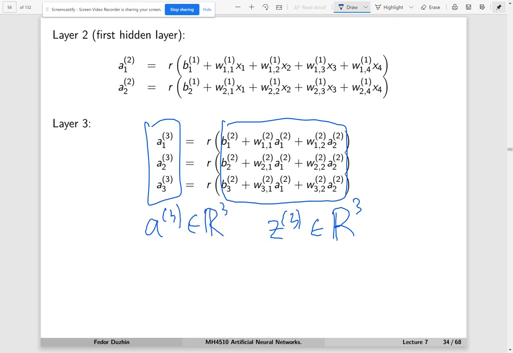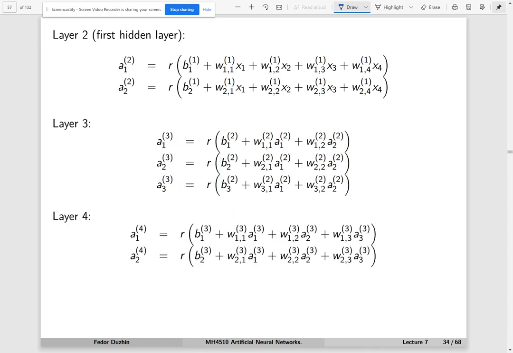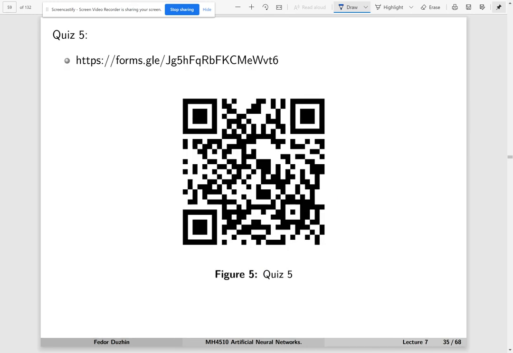The A vector is obtained from the Z vector by applying our activation function to every entry of the Z vector. This is what's going on in layer 4, and this is what's going on in layer 5, the output layer. Notice that here the activation function is not the ReLU, but the sigmoid function instead. Okay, so here is a quiz for you.